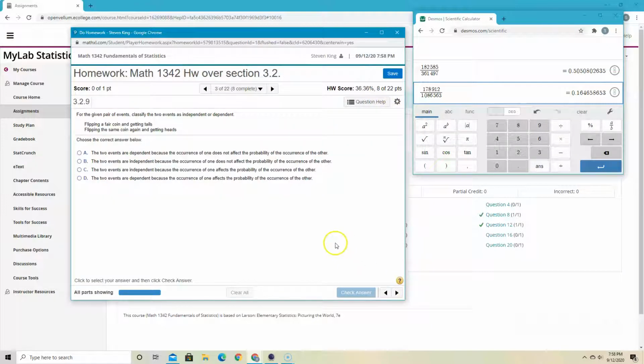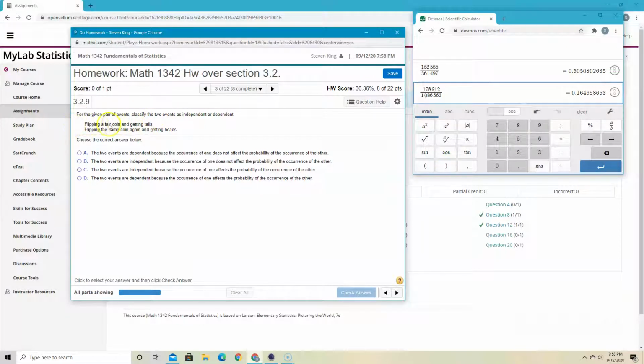Okay, but that's for you. Number 3. So let's take a look at number 3. This is a non-computational problem. For the given pair of events, well, let's look at the 2 events.